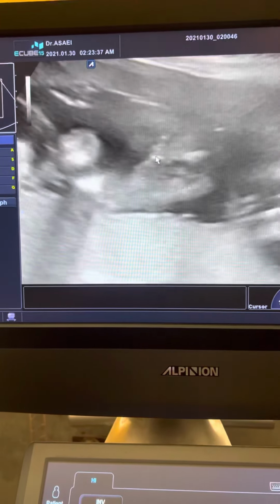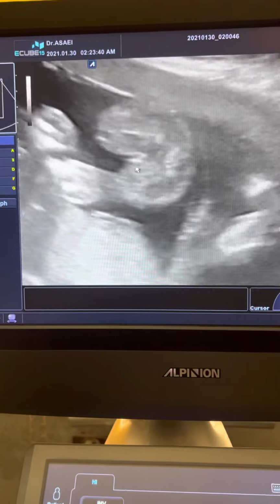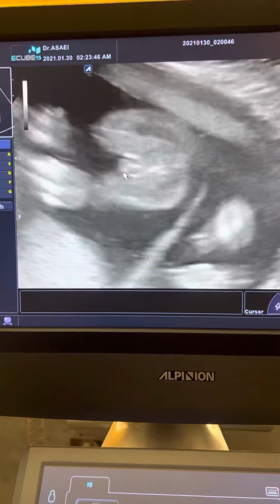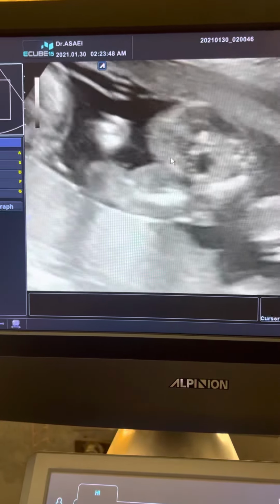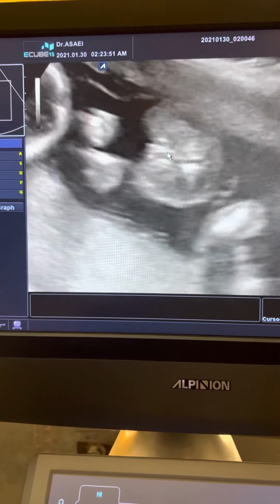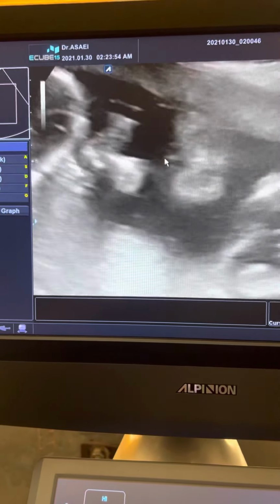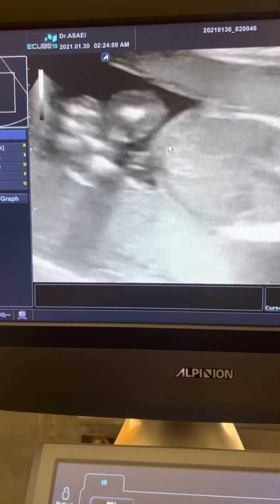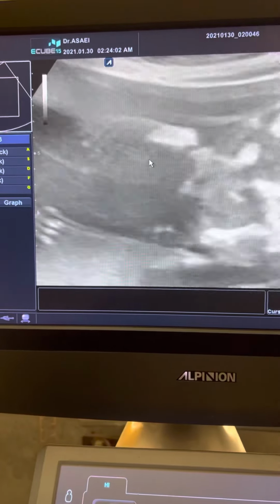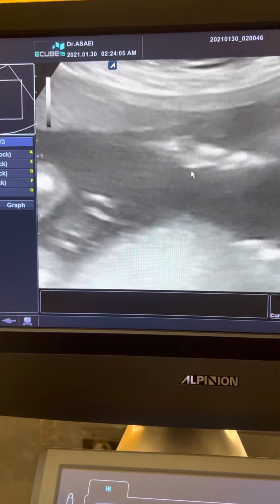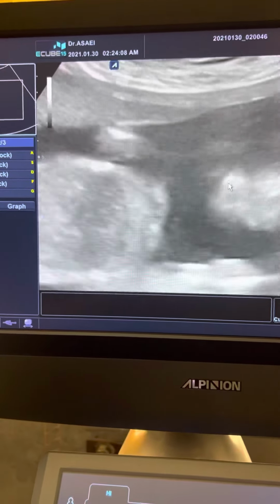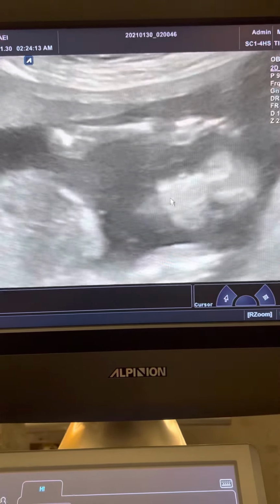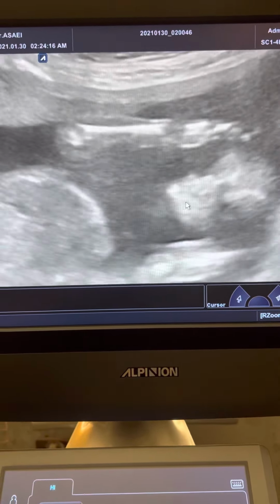The sex of fetus B, again a female. It has the picture like coffee bean or tree line. See, it's like a coffee bean, so it's female. Here's the face, the lips. Here you can see no cleft in the lips.